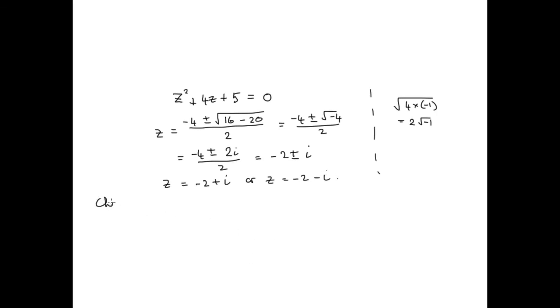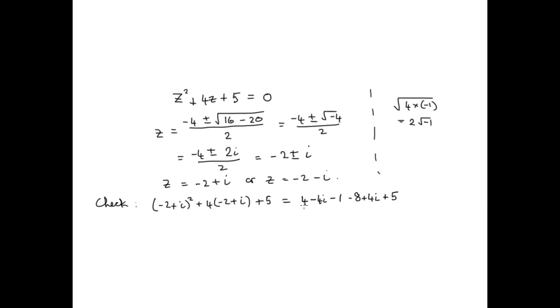And to check whether negative 2 plus i is a solution, we'll take negative 2 plus i and square it, add 4 times negative 2 plus i, and add 5. So negative 2 plus i squared will be 4 minus 4i, and the last terms will give us minus 1, minus 8 plus 4i plus 5.